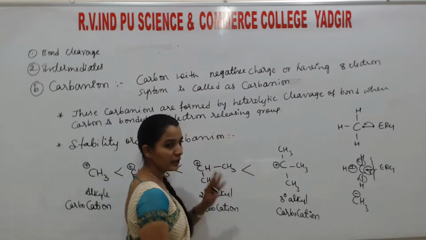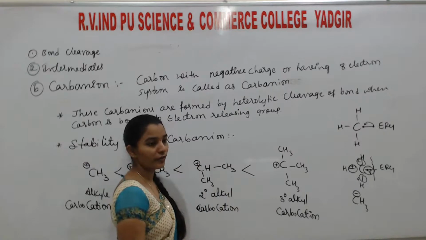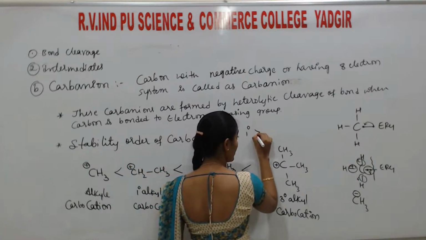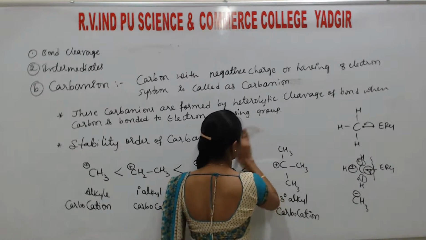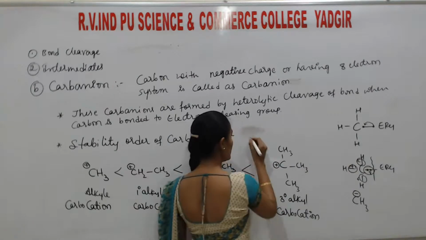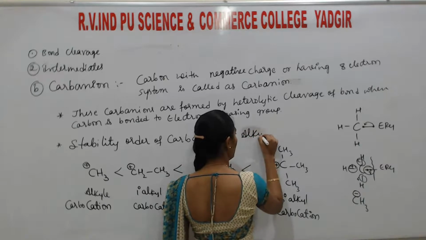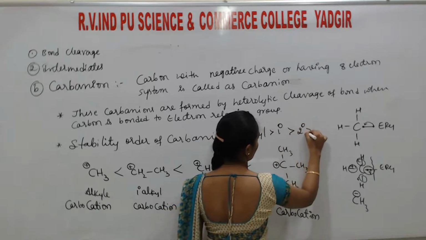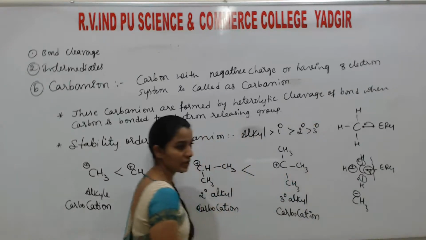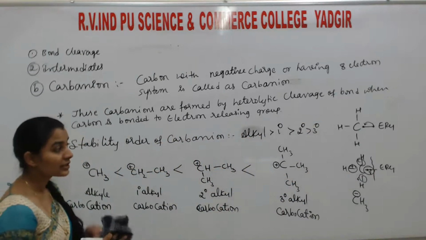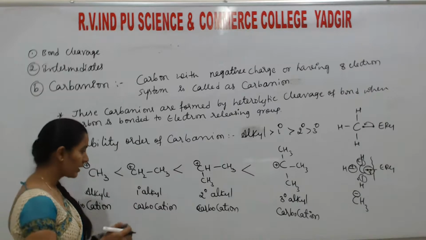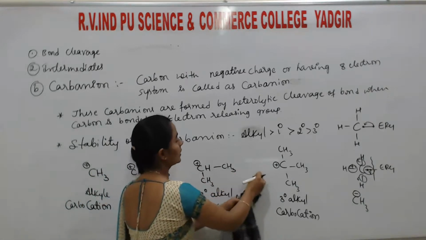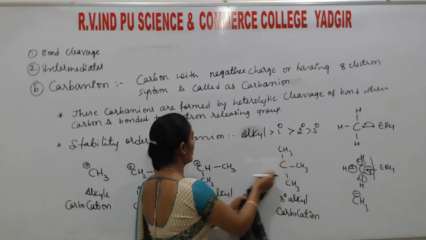Okay, so students, it is just the reverse of the free radical. Alkyl is greater than primary, greater than secondary, greater than tertiary. Stability is just reversed. In free radical and in carbocation, it is tertiary greater than secondary greater than primary.